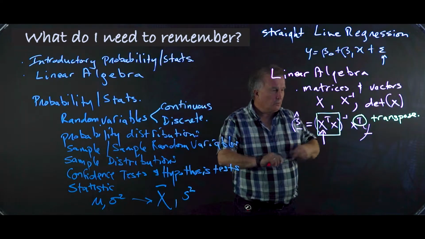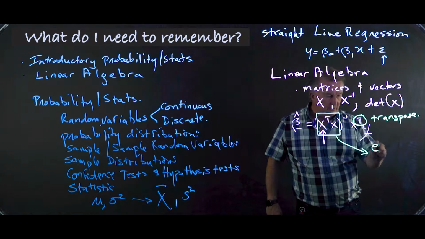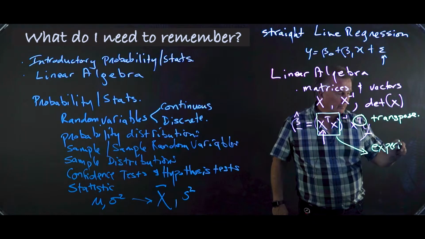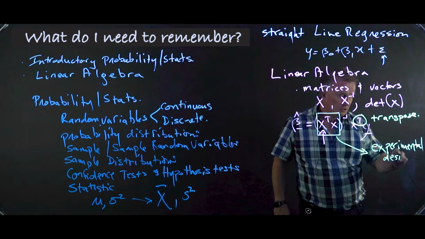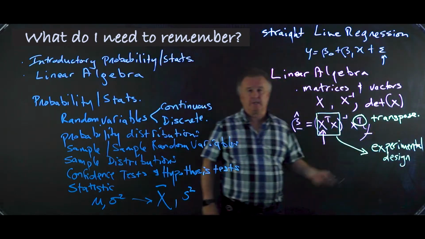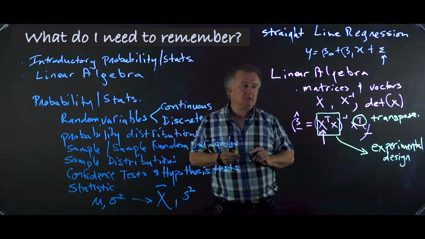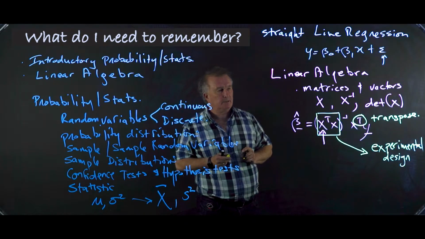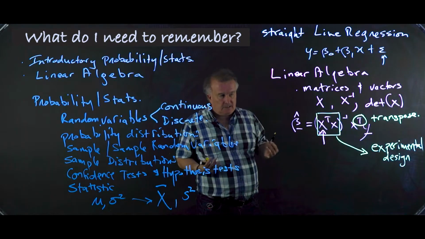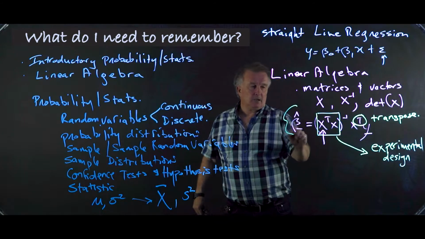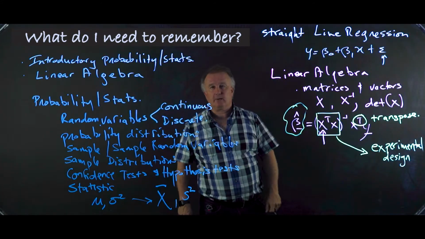So on one hand, what we're going to do is we're going to see that the experimental design that we use, so in other words, the choice of run conditions, if we're running a bunch of experiments, has a significant impact on the structure of that X transpose X. And the structure of that X transpose X has a significant impact on our ability to make independent conclusions about the values of the parameters.